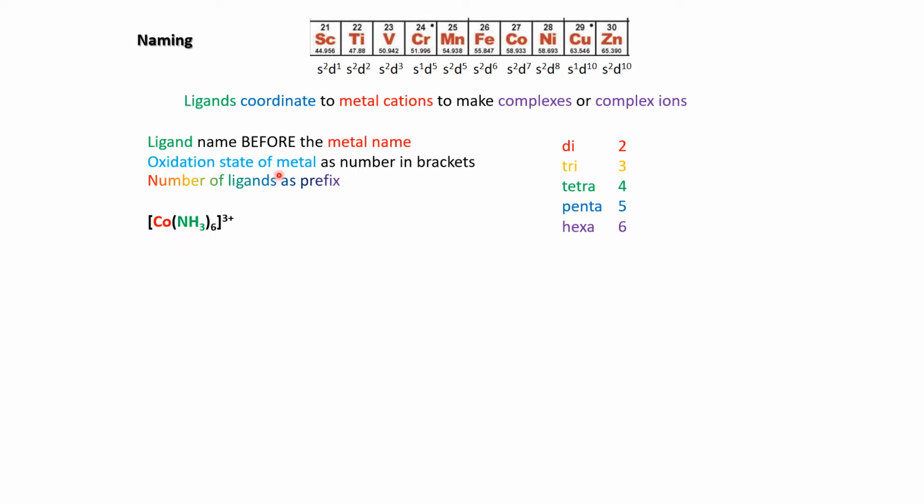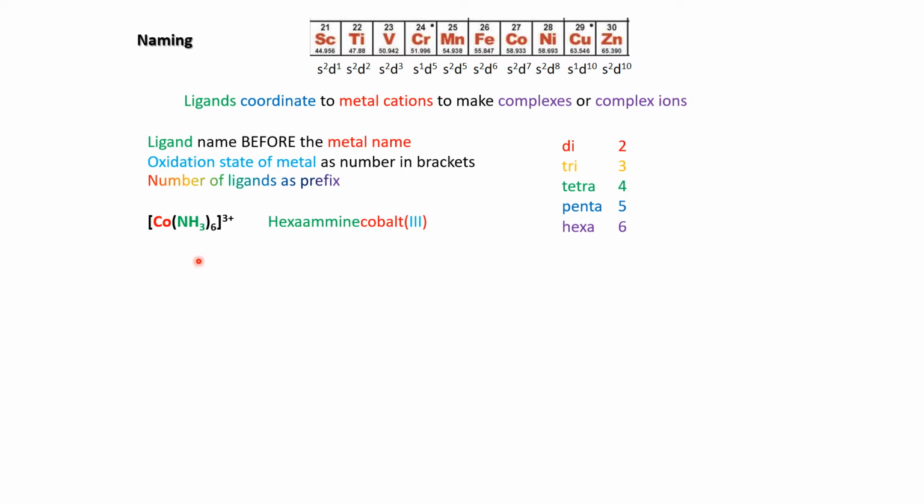But then we have to say the oxidation state of the metal, because cobalt could be 2, could be 3, could be 0 as well, but we're not going to hit that in this particular series. So which is it? Well, ammonia is neutral, so that doesn't contribute at all to the charge. So all of this 3+ is due to the cobalt, so it's cobalt(III). So its name is hexaamminecobalt(III). Okay, and that is the name of the complex cation.